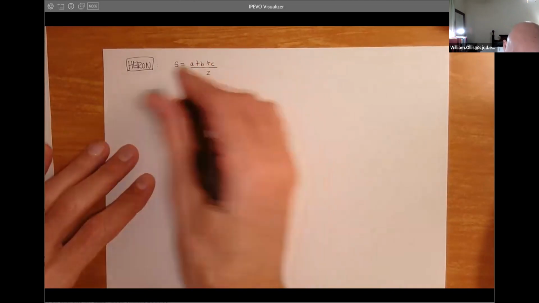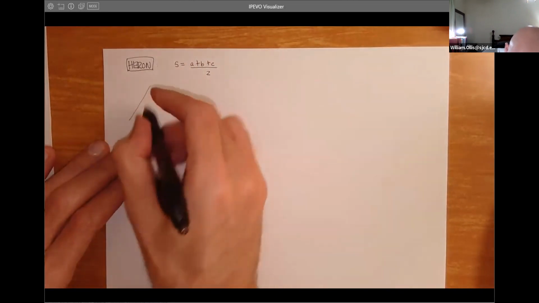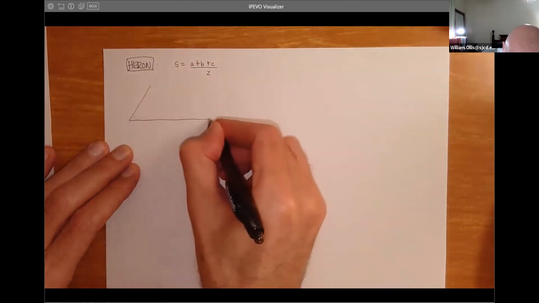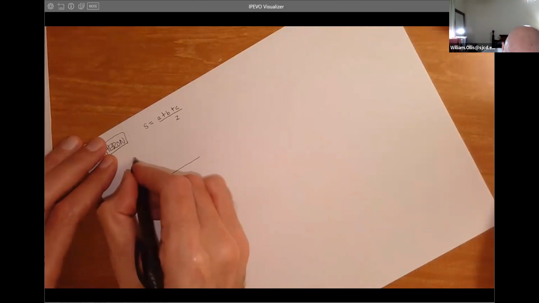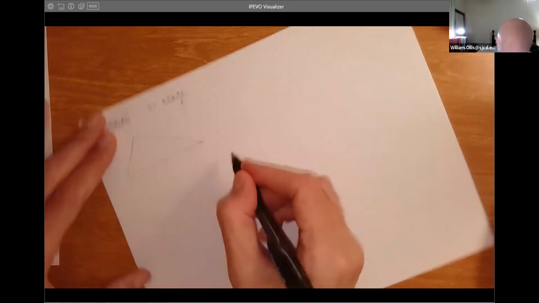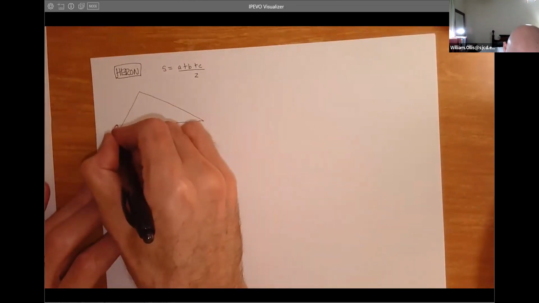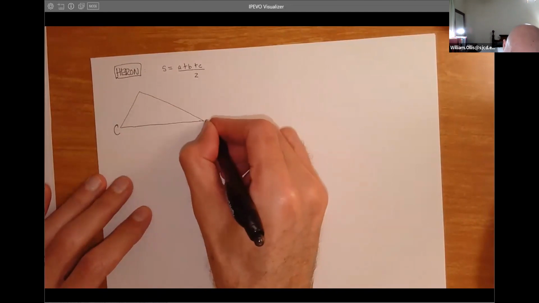Let's think about a generic triangle, just like we were doing with the law of sines or law of cosines. It doesn't matter. We'll just focus on c this time since c is easy.